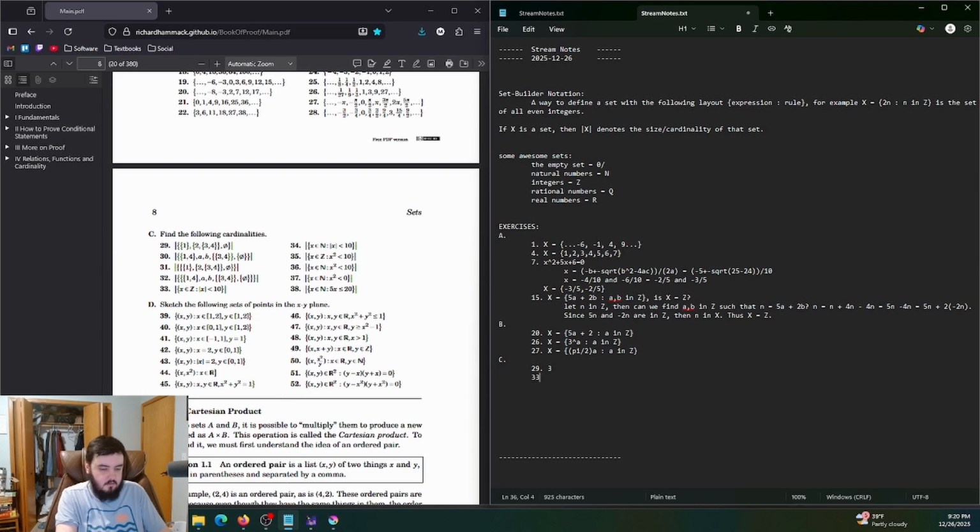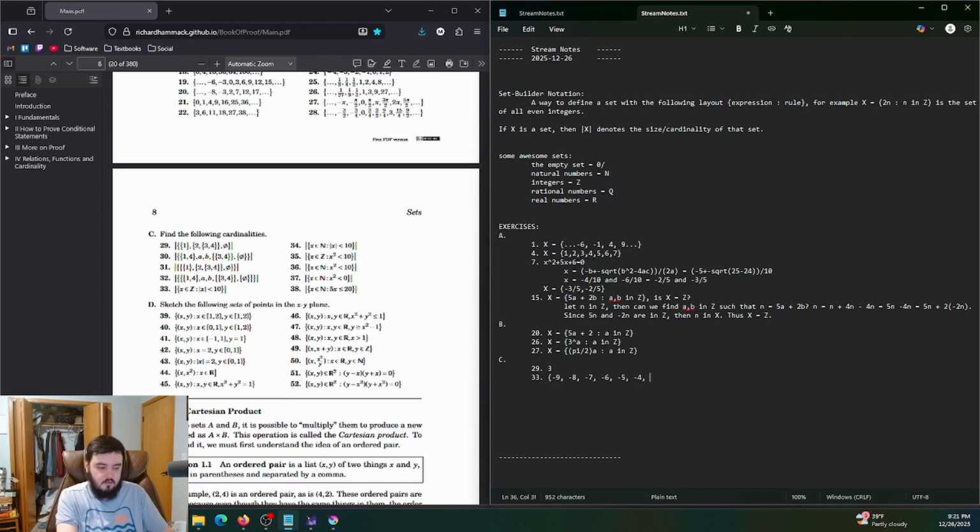Let's do 33. x is in Z, such that the absolute value of x is less than 10. Okay, so that is going to be negative 9, negative 8, negative 7, negative 5, negative 4.